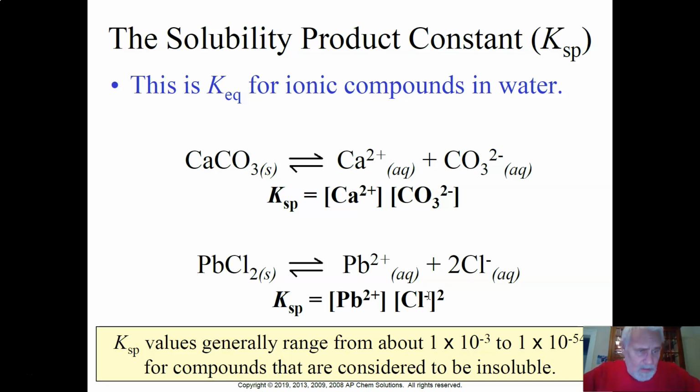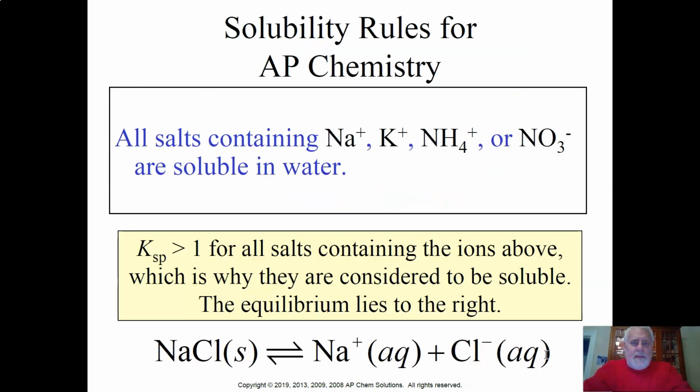Now, the KSP problems that we're doing are usually in the 1 times 10 to the minus 3, 1 times 10 to the minus 54 range, super insoluble. And again, when we said things are insoluble, they are soluble to a certain degree, just not very much at all. So you will run into examples like this.